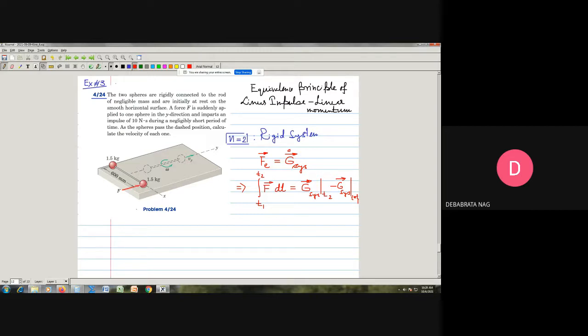Again, considering the fact that our force is acting along the y direction, we can write the vector equation.